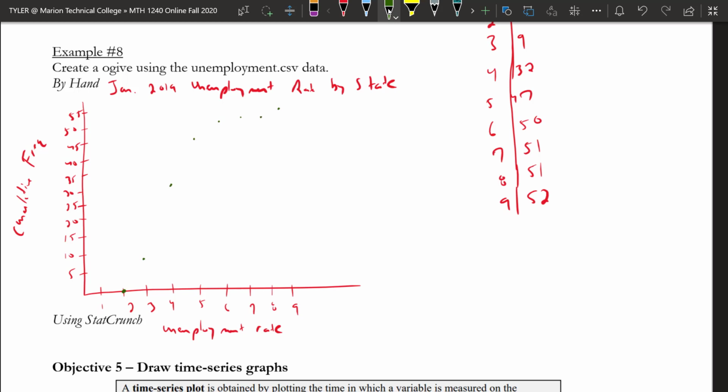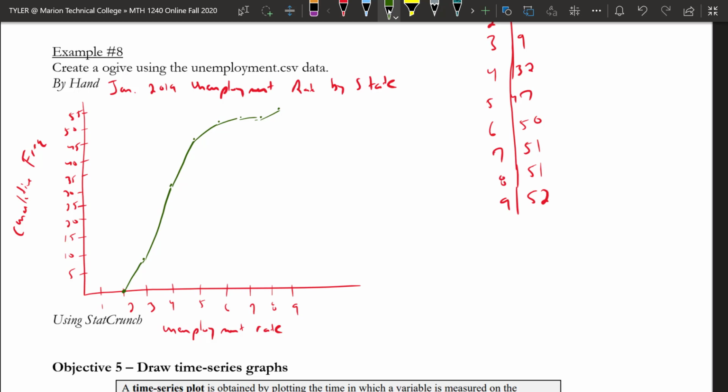And then next, you're just going to draw lines connecting the dots, so line segments connecting each of the dots. That would represent an ogive.